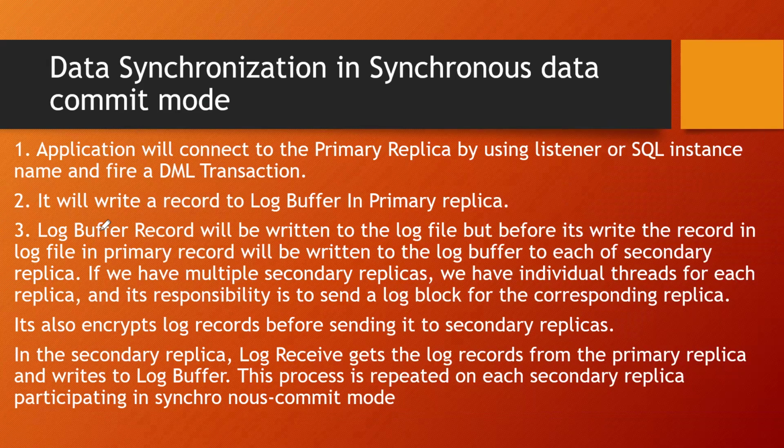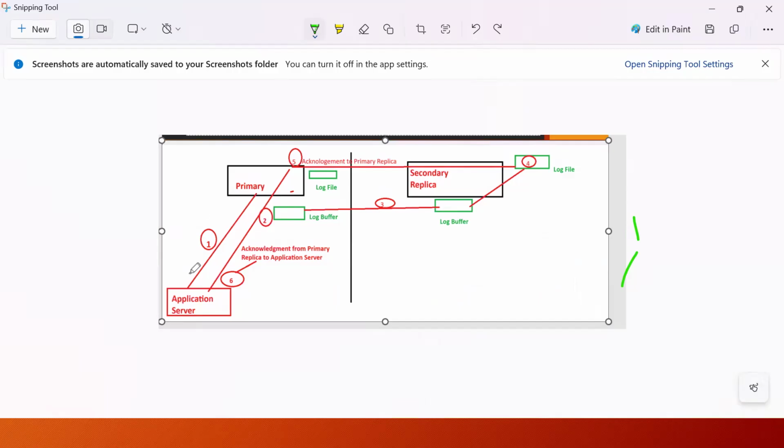The user connects through the application server, either using the listener, which is a feature in Always On that connects only to the primary server, or using the instance name. After that, the user fires an update, insert, or delete DML operation from the application server.